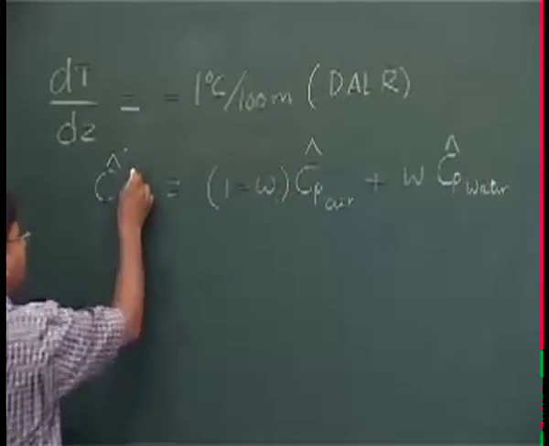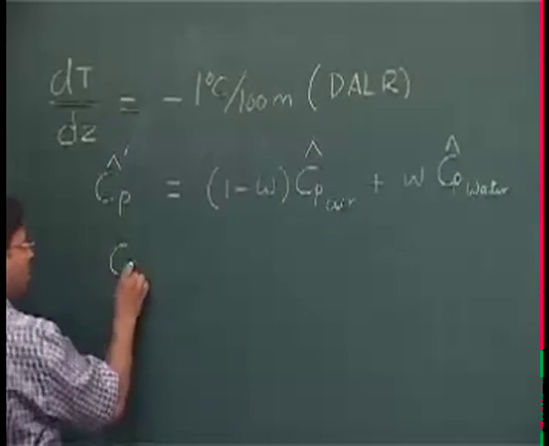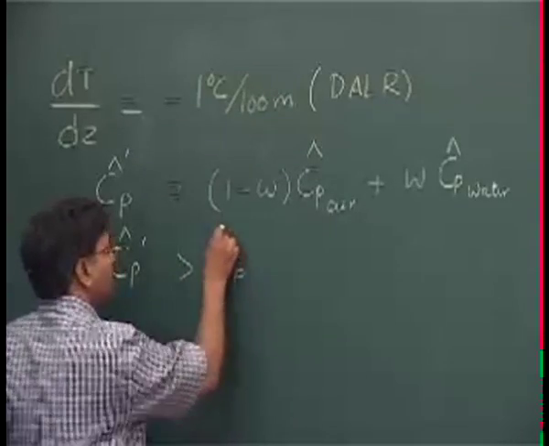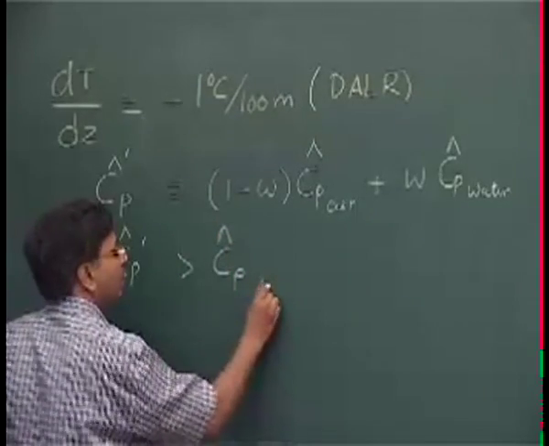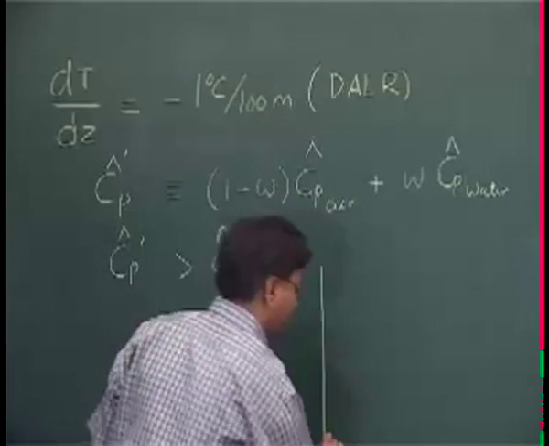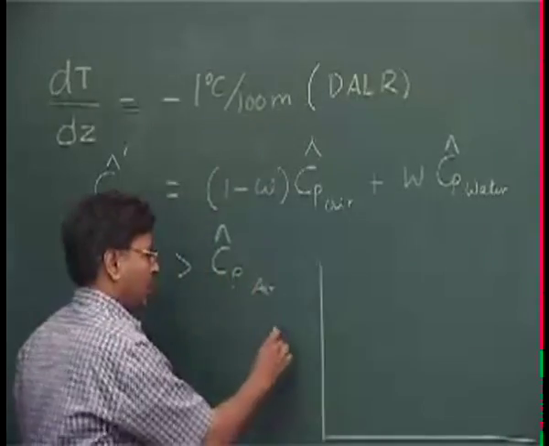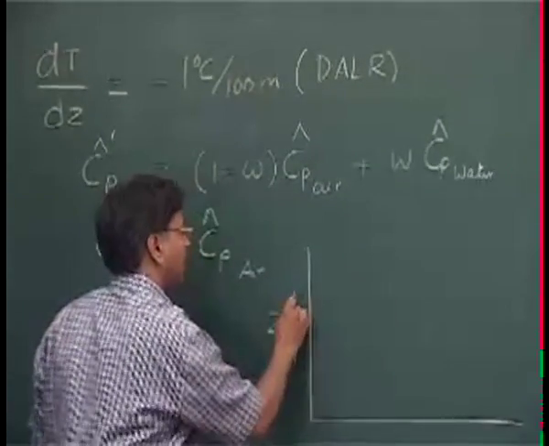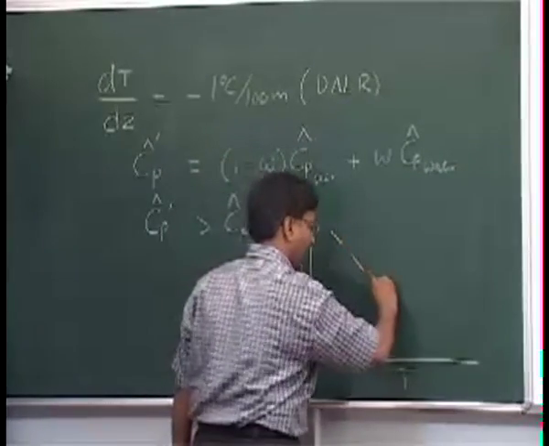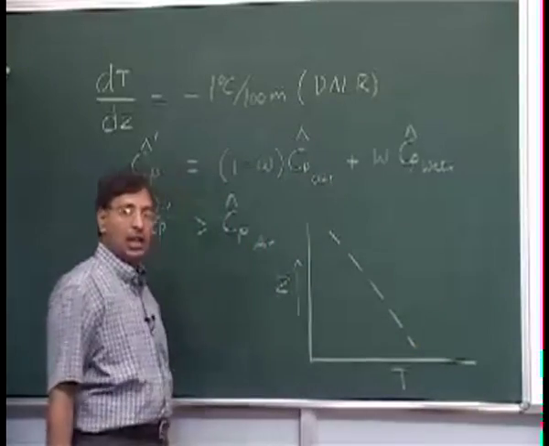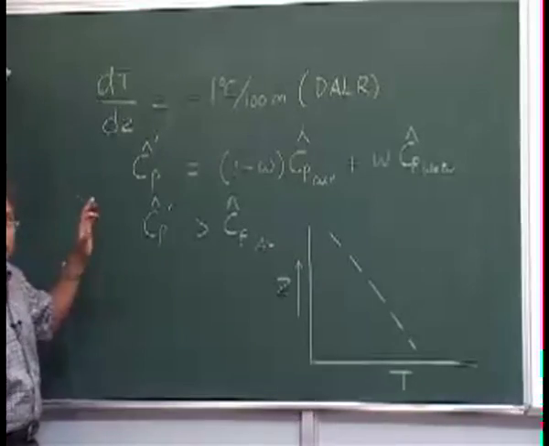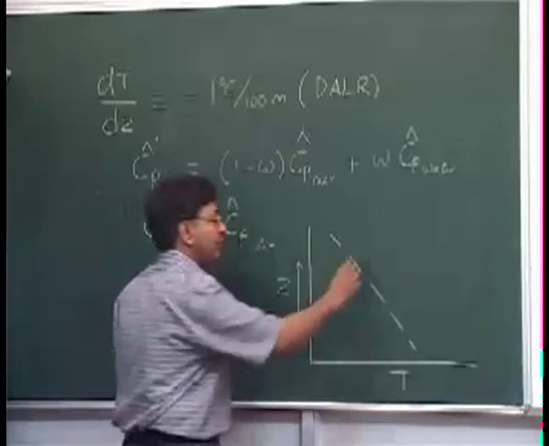So you will see that Cp hat dash is greater than Cp hat of dry air. Therefore, the graph we showed yesterday was Z on this side, T on this side, and this was our reference. Where will the atmospheric conditions having some moisture be? Somewhere here.